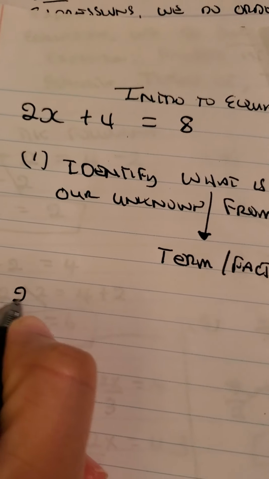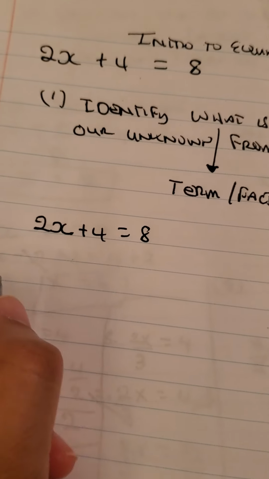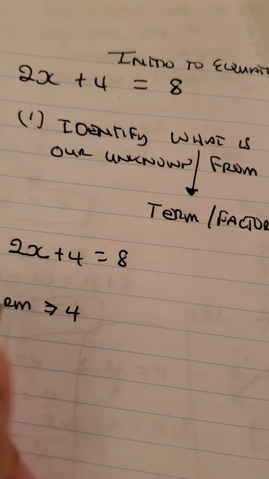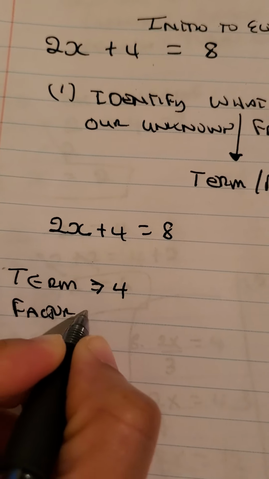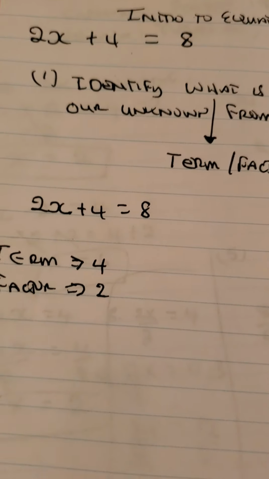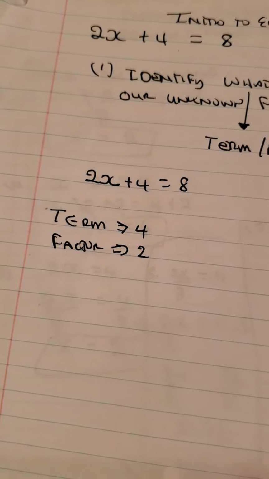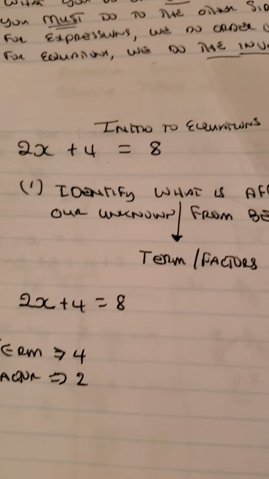So if I look at this equation, I see that I have the term positive 4 that's affecting x from being by itself. And I have the factor positive 2 that's affecting x from being by itself. And what I want to do is operate on these terms and factors in the inverse order, right?